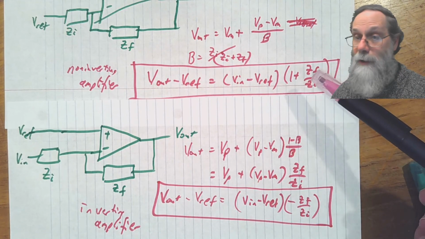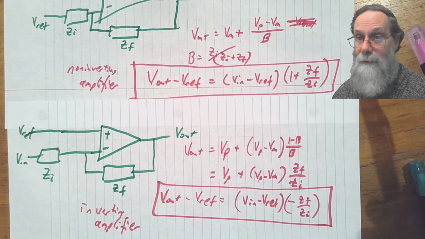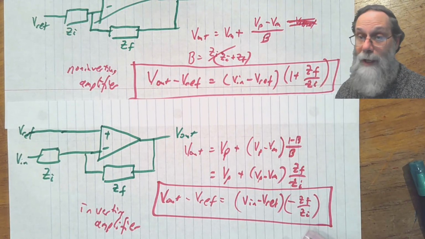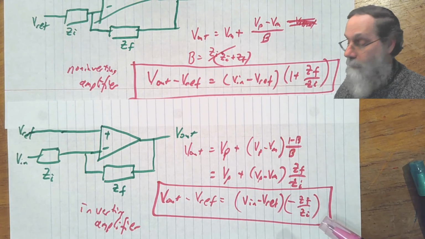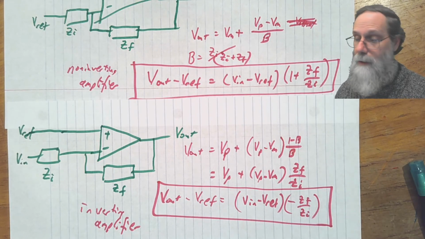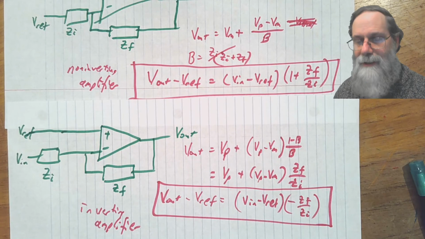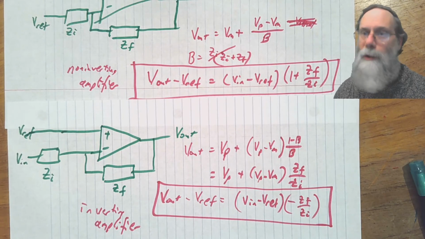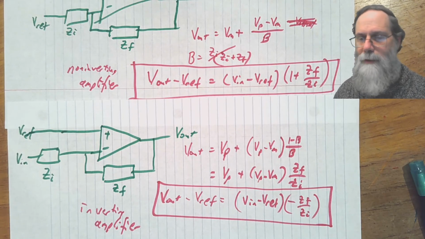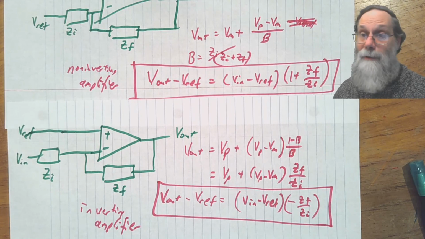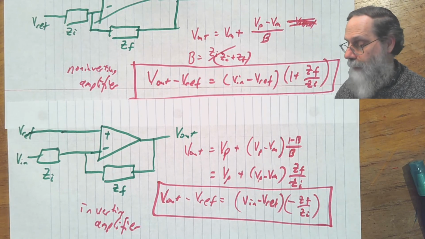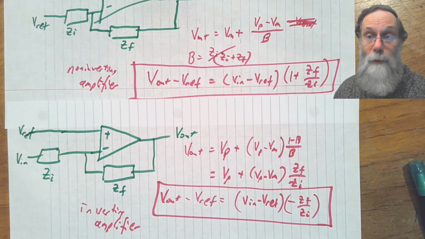So the non-inverting amplifier has a gain from 1 up to infinity, and the inverting amplifier has a gain from 0 to minus infinity. And again, that minus infinity is dependent on what the open loop gain is of the op-amps, but effectively infinity.